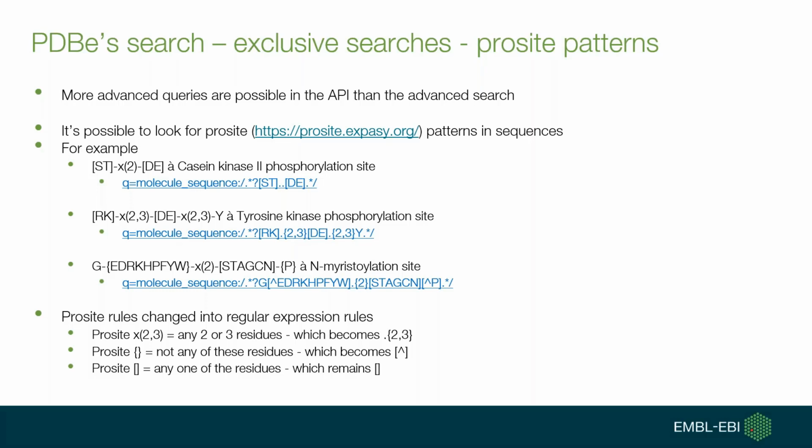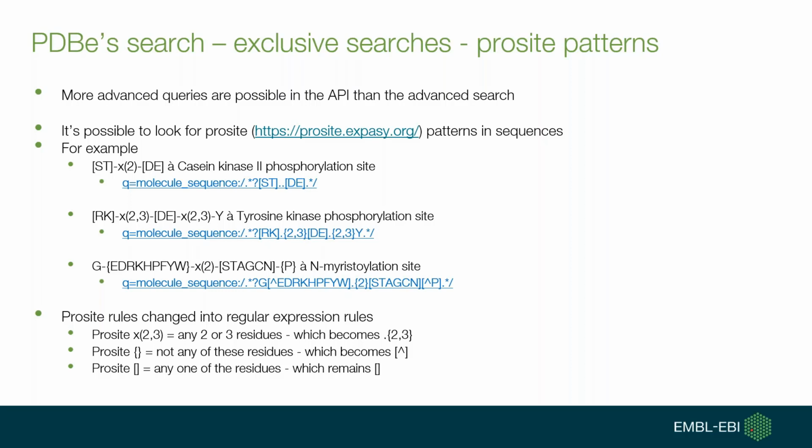There are quite a few exclusive searches which only work currently within the search API, and these are a bit more advanced than you can use within the advanced search, in fact. So for example, it is possible to look for PROSITE patterns within sequences.